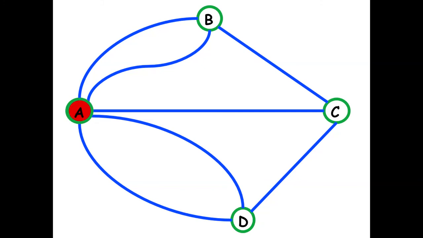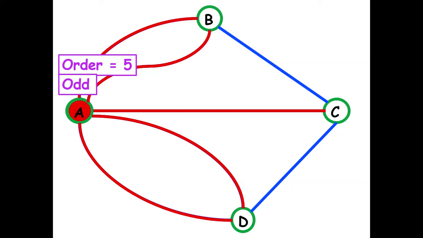We need to find the order, and I'm going to start with node A. We've coloured that one in red to say that's where we're starting, and I'm looking at how many arcs go into node A. I've got 1, 2, 3, 4, 5. There are 5 arcs that go into node A, so its order is 5. Now 5 is an odd number, so A is an odd node.